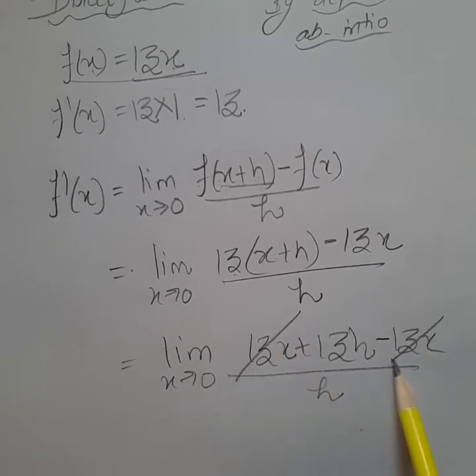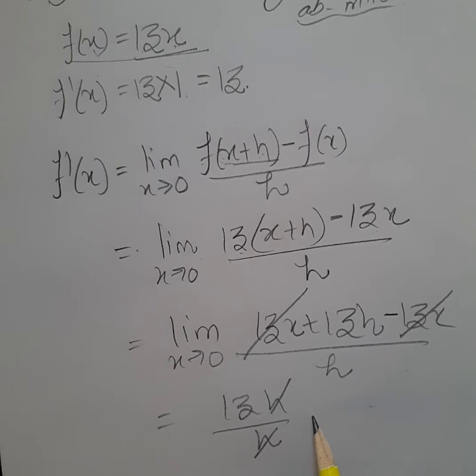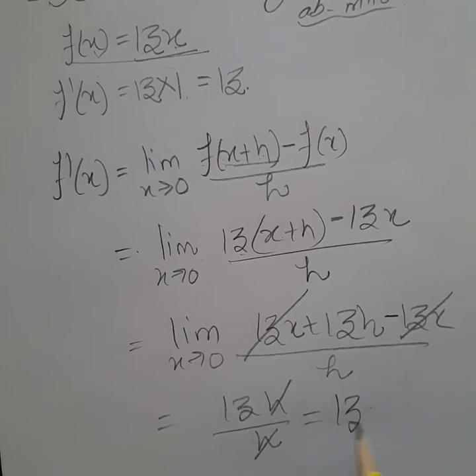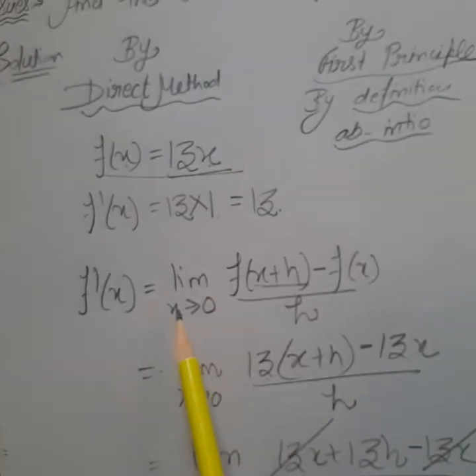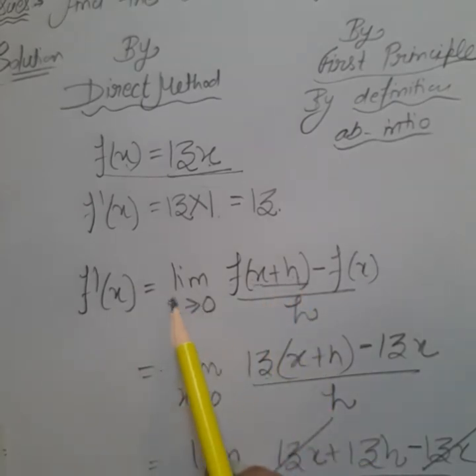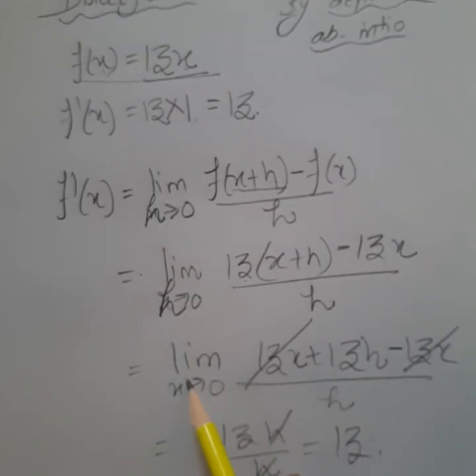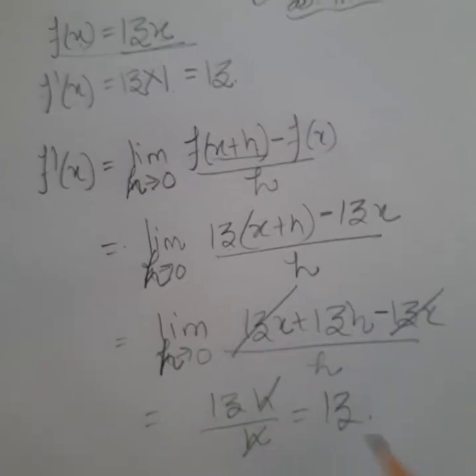Cancelling 13x by 13x, we get 13h upon h, and by cancelling h by h, we write 13 only. Because we use x + h, instead of x we use h tends to 0.